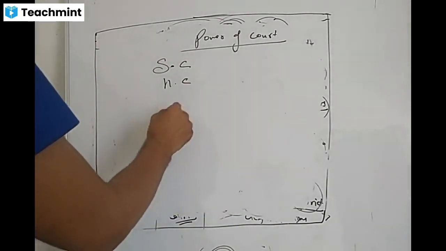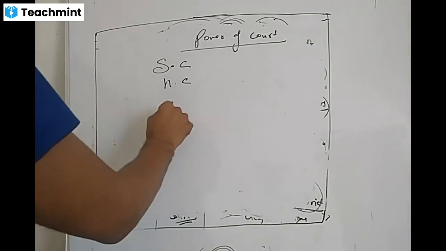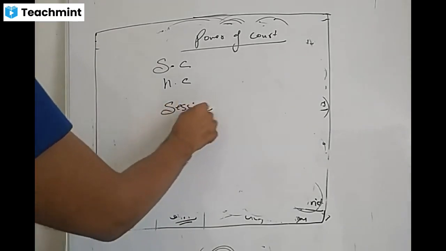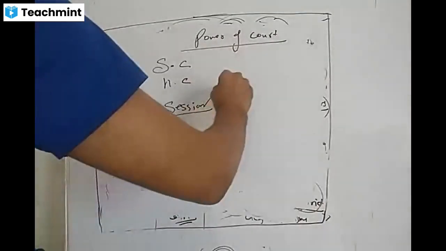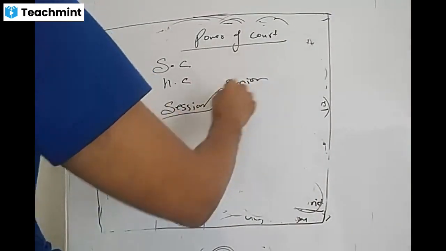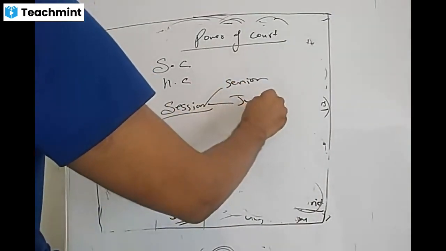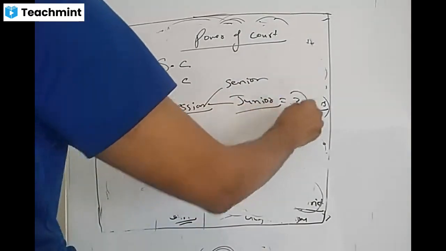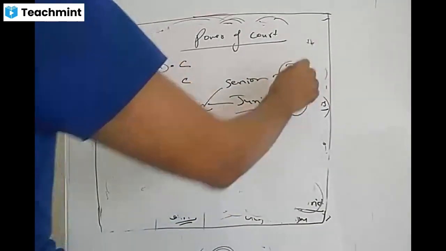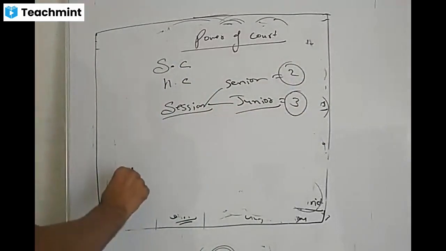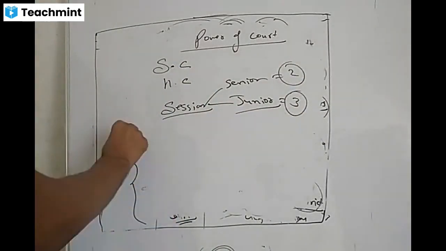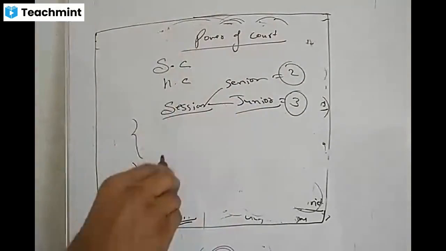Then start with session court. In case of session court, it's very easy to remember. There are some seniors and some juniors. How many juniors are there? 3. How many seniors? 2. So let's make 3 juniors and 2 seniors.